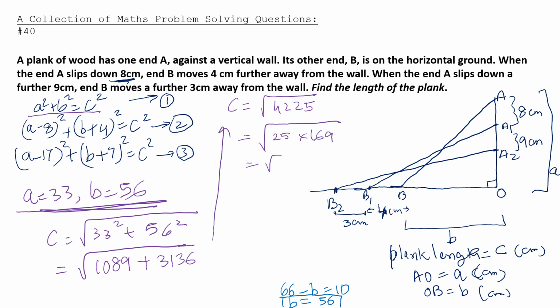The square root of 25 is 5 times 13, and that is 65. So I get C equals 65 centimeter, and that is the length of the plank.